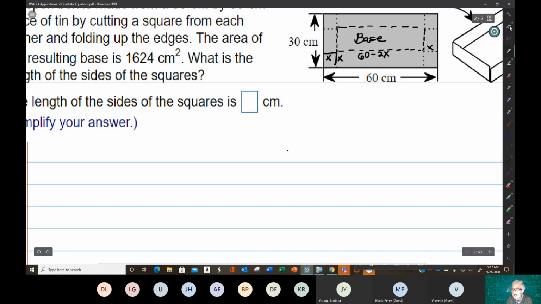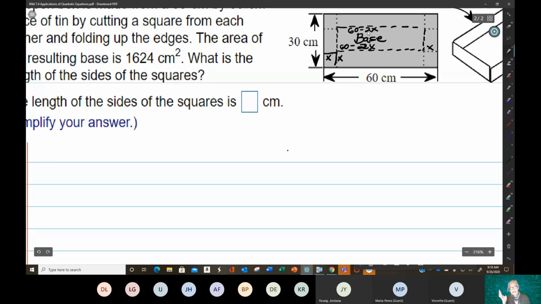In fact, I should write that inside the base of the box right there. 60 minus 2X and 60 minus 2X.